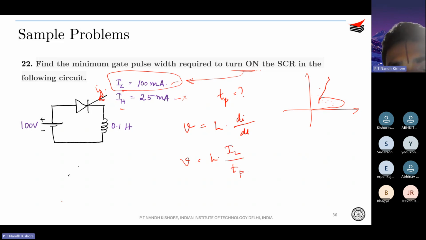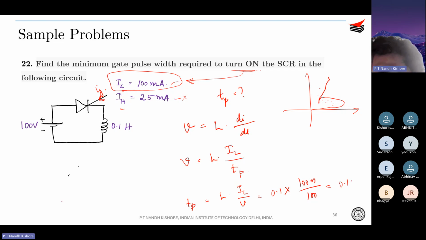So TP is L times IL by V. That is 0.1 into IL, which is 100 milli, divided by 100 volts. So 0.1 into 0.1 milli, that is 0.1 millisecond or 100 microsecond. Got it? Any doubts?